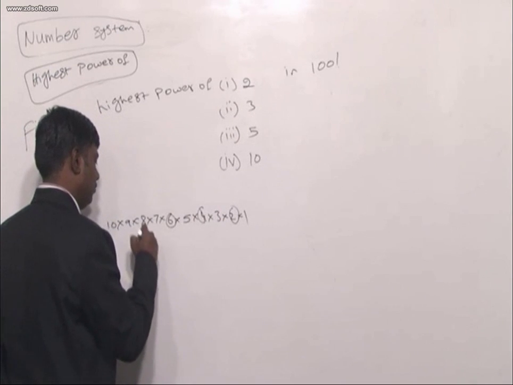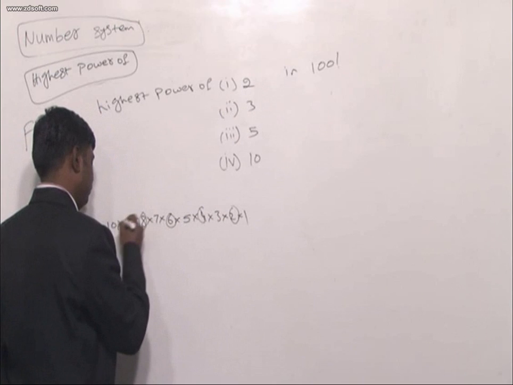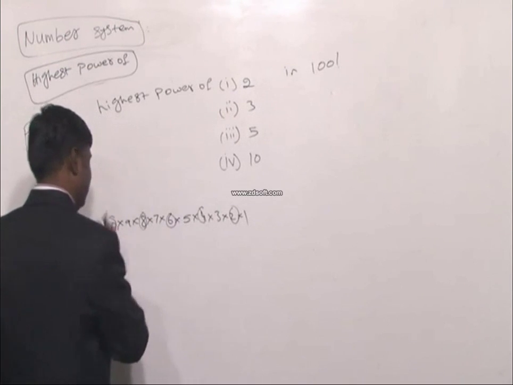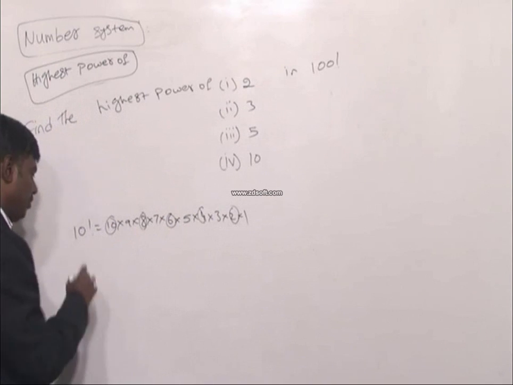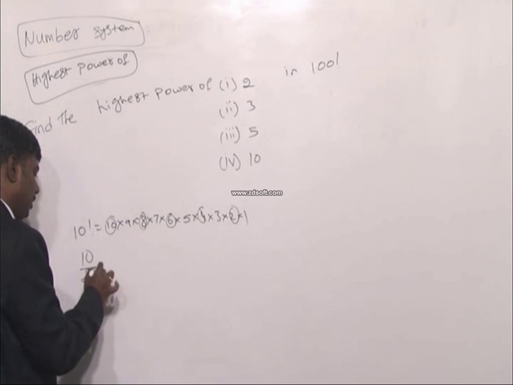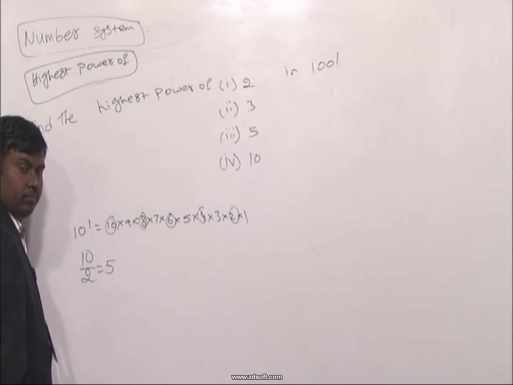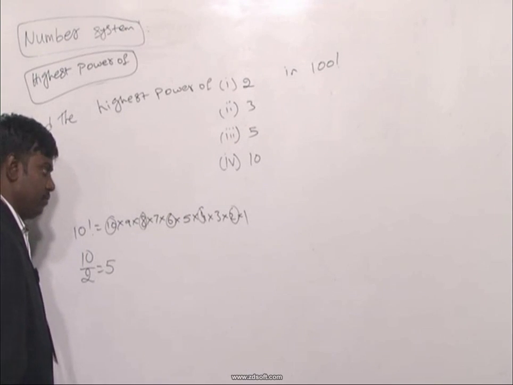Here also you have 2, right? How many you got? 1, 2, 3, 4, 5. One more way in which you can understand. 10 by 2 is 5, right? But then that is not enough.